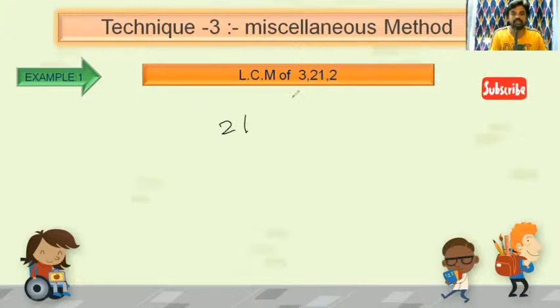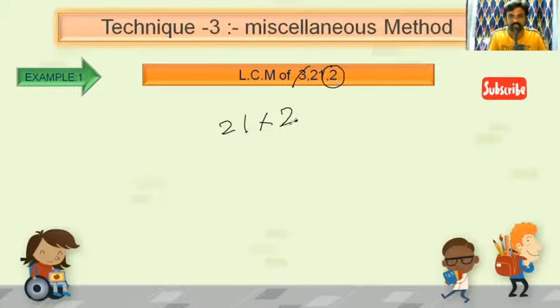Here, dividing by 3, we get 0 as the remainder. So 3 is a factor. 2 is not a factor here, so we can multiply with 2. Before multiplying, we need to see whether the non-factor is co-prime or not.